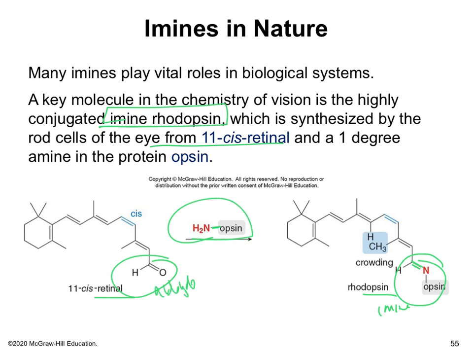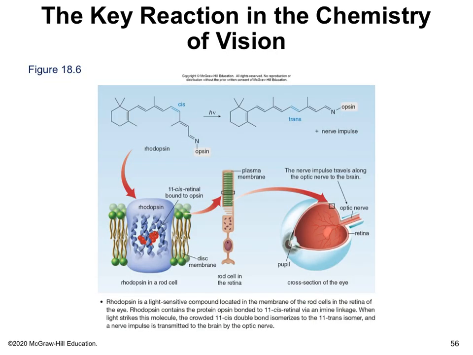And that is synthesized by the rod cells in the eye. And this is showing you, so it forms this imine here, that is rhodopsin, and then h nu is when light comes in, and the cis bond will isomerize to a trans.